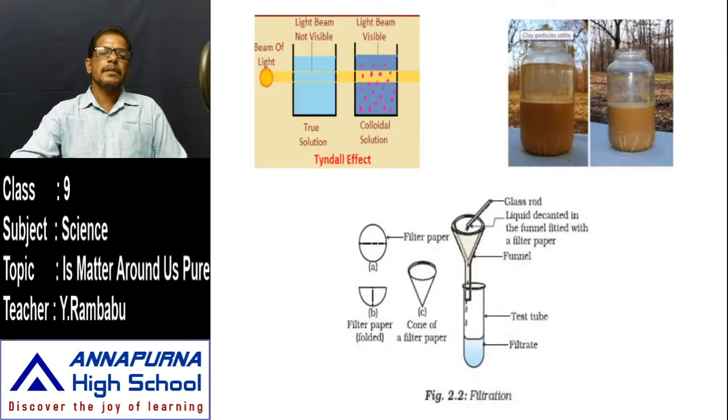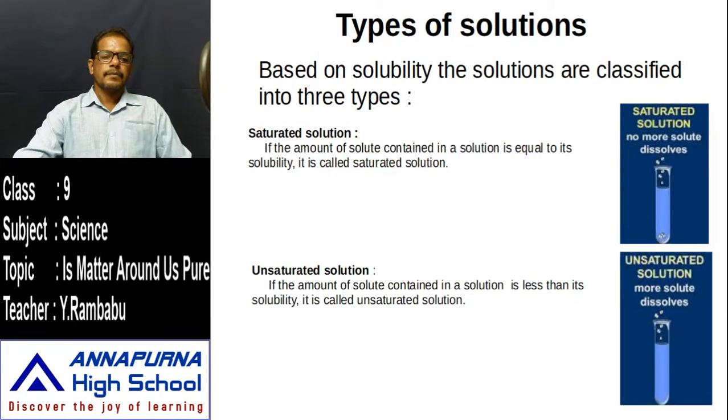Observe in this diagram, what is there? A colloidal solution is there. In this colloidal solution, the path of the beam of light is clearly visible. That means particles are there. This path that is visible means some particles are there which scatter the light.